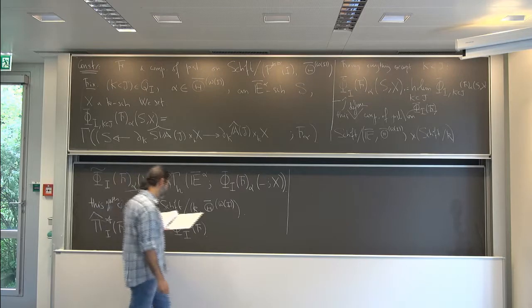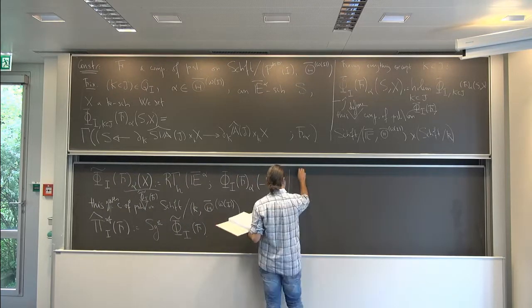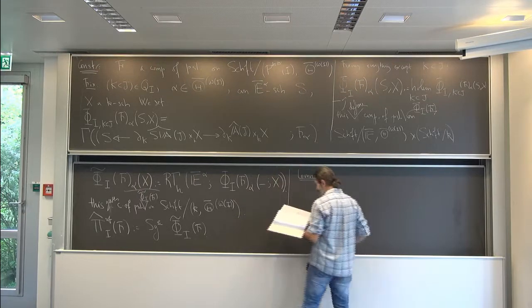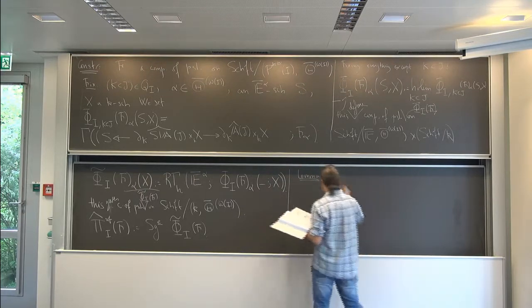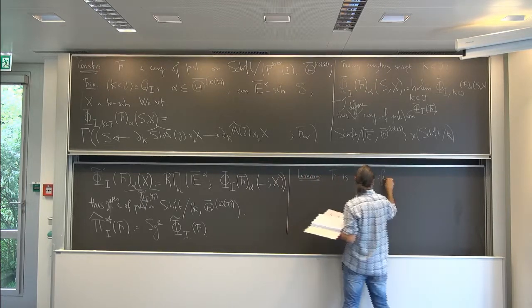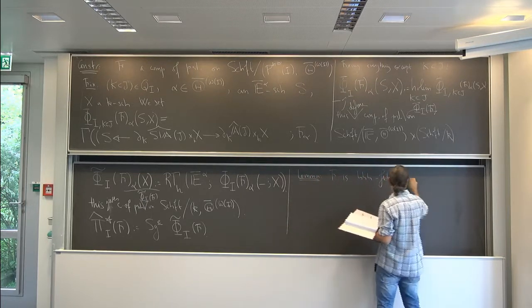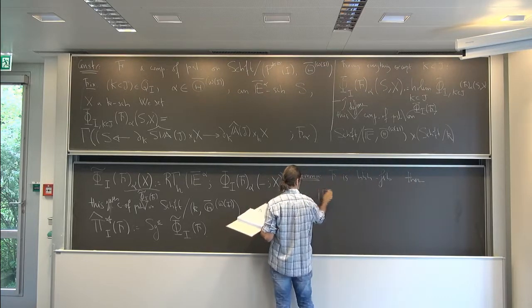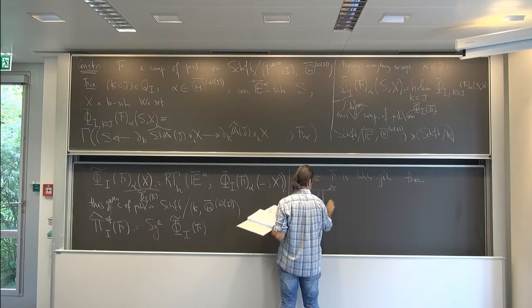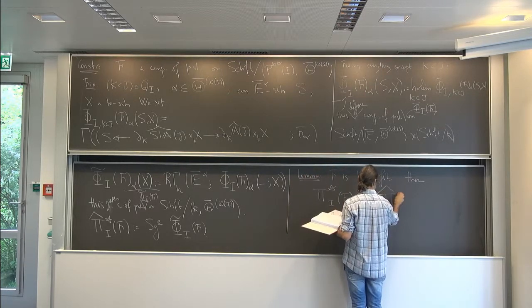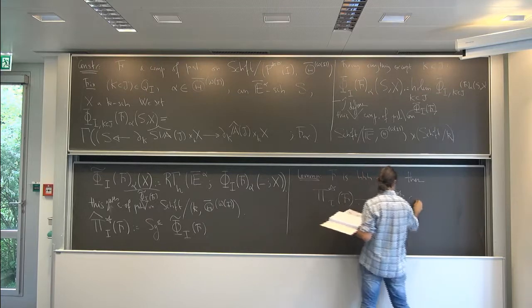We have the following lemma, of which we have seen an analog last time. Assume that F is H fibrant, then the obvious map is a quasi-isomorphism.